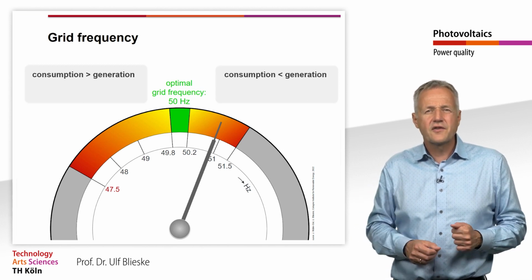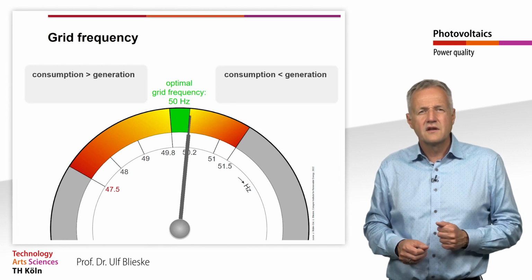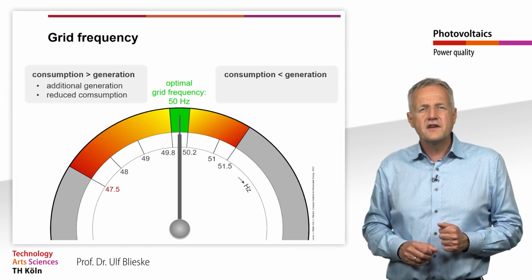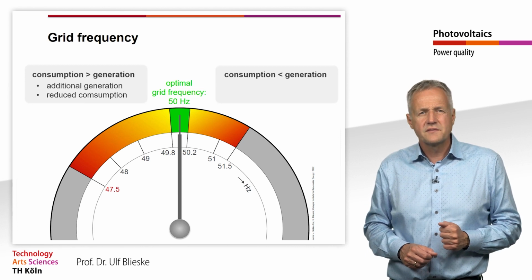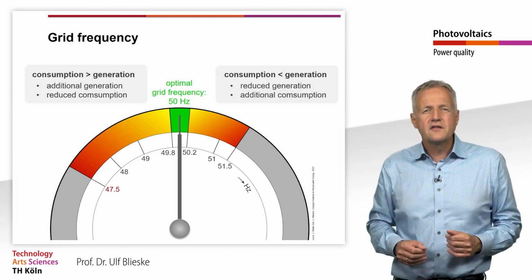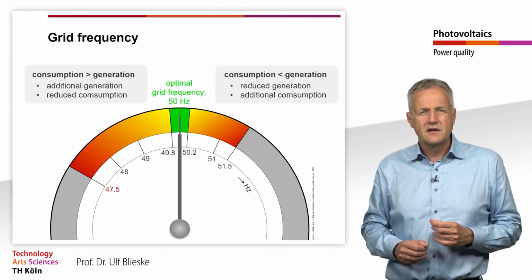In this case, the frequency must be corrected by active control. If the grid frequency is too low, additional feed-in is required or consumption must be reduced. If the grid frequency is too high, the feed-in must be reduced or the consumption must be increased.